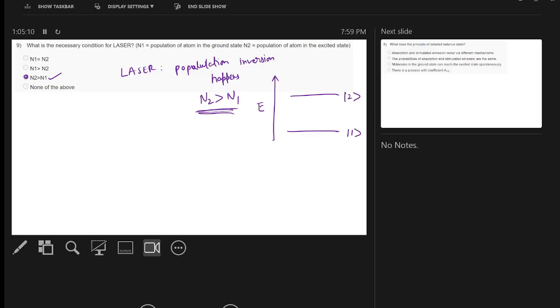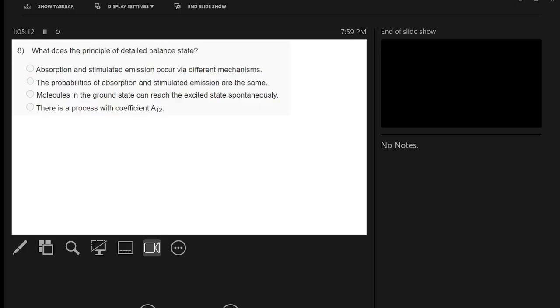The last question of this session, the question is, what does the principle of detailed balance state? The absorption and stimulated emission occur via different mechanisms. The principle of detailed balance states that the probability of absorption and stimulated emission are the same.